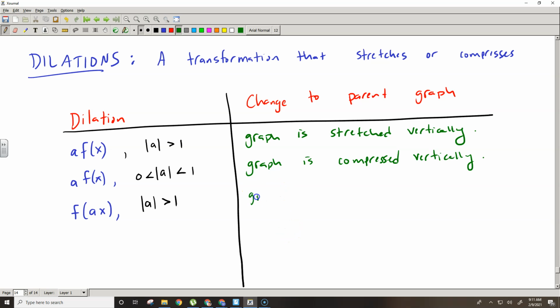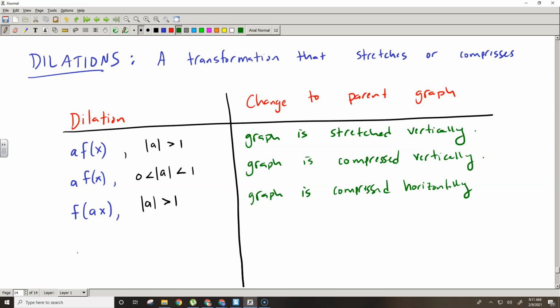So we can say the graph is compressed horizontally. Now, in some functions, when you have f of ax and a times f of x, there's really no difference, or not much difference, between these two things. It depends on the function, and it depends on the characteristics of that function.